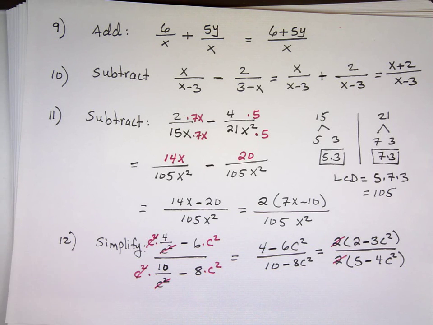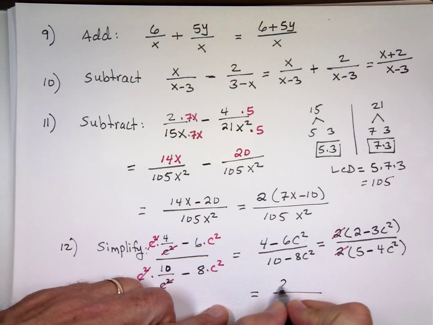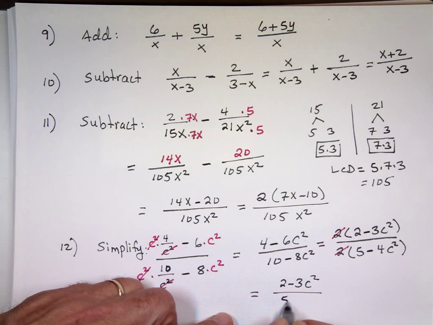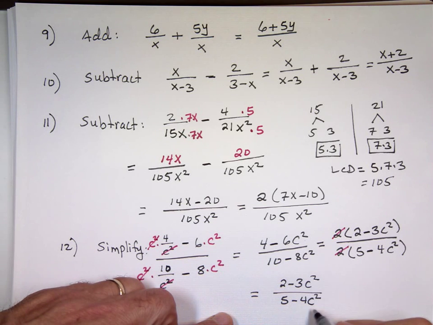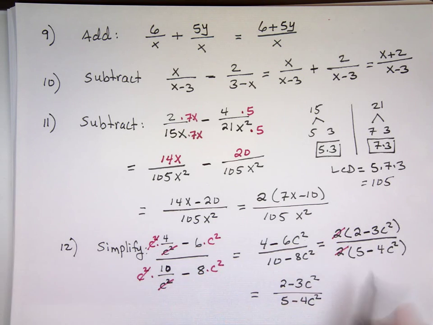And your answer, that's your final answer, is 2 minus 3c squared over 5 minus 4c squared. Don't try to cancel the c squared with the c squared. You have a subtraction here. You can't. It can only be multiplication, the whole thing, like this one.